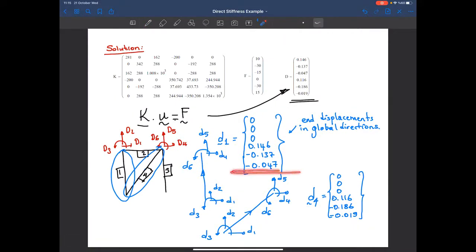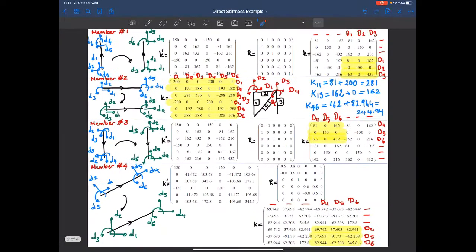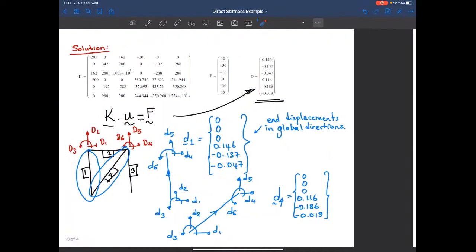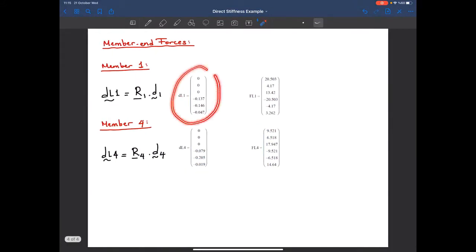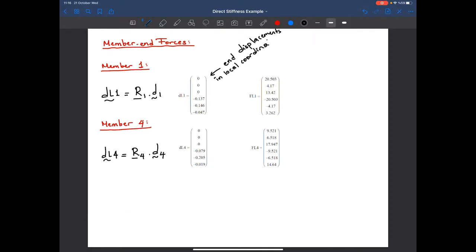So here again, let's repeat. These are the end displacements in the global direction. So for the first member, I'm multiplying this vector with this rotation matrix. And once you do that, you will obtain your displacements in the local coordinate system. Again, let's take a look at this one.